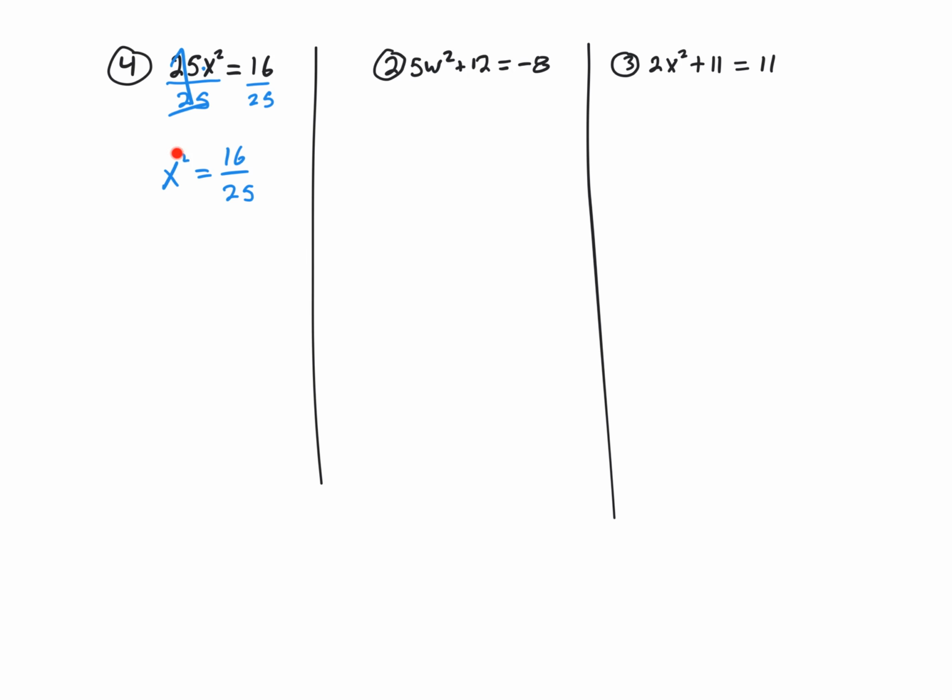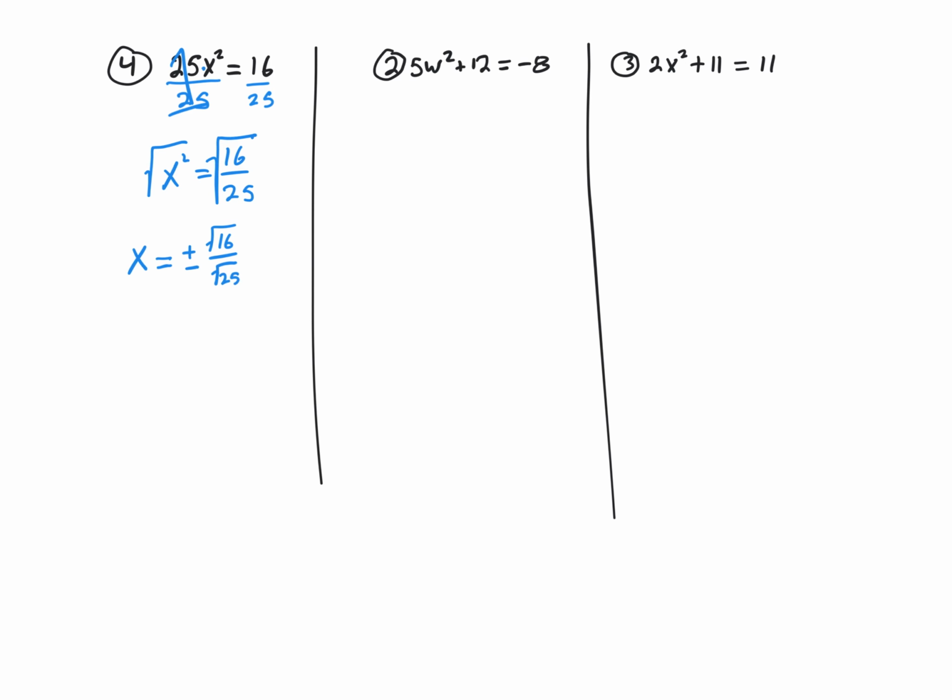Now that I have this x squared by itself, I can do the opposite of squaring it, which means taking the square root. Take the square root of this side, take the square root of this side, which means x is equal to, and I'm going to add in that plus or minus, because both the positive and the negative version will make it true, the square root of 16 over the square root of 25.